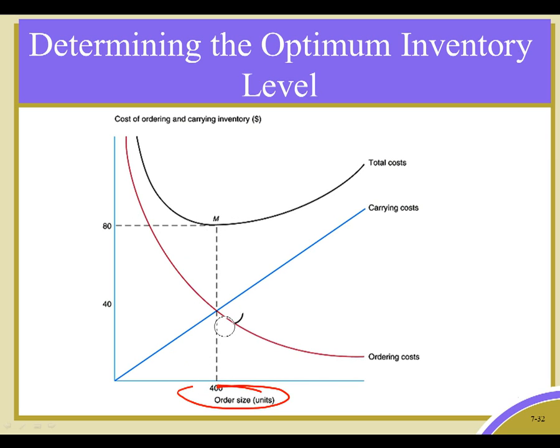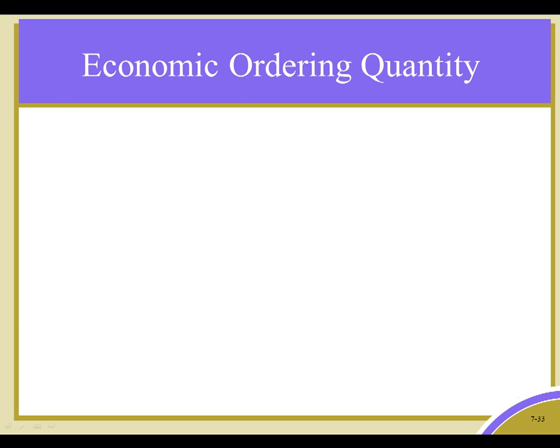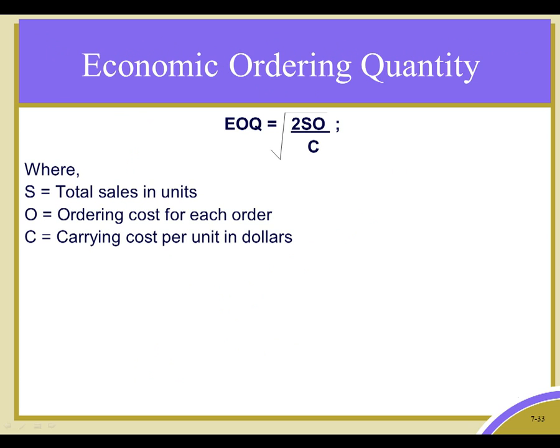So let's look at this mathematically as well. How do we find M? Well, in this simple model, we can use something referred to as the economic ordering quantity. And the economic ordering quantity depends upon the sales levels that we have, S, sales levels in units, the ordering costs for each order, how much does it cost to place an order, and the carrying cost per unit in dollars.